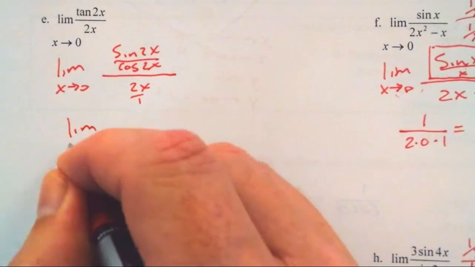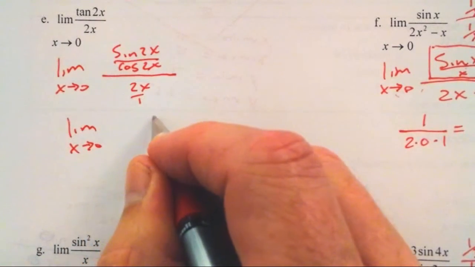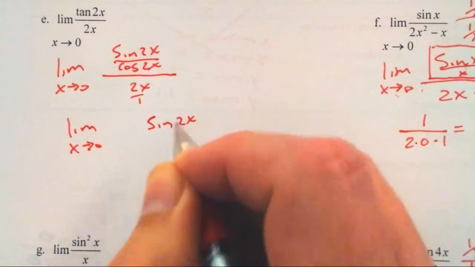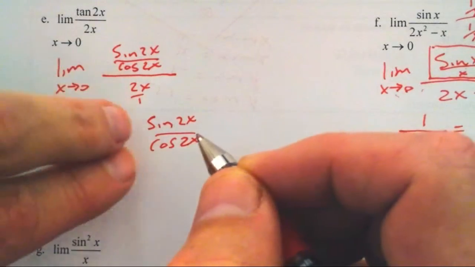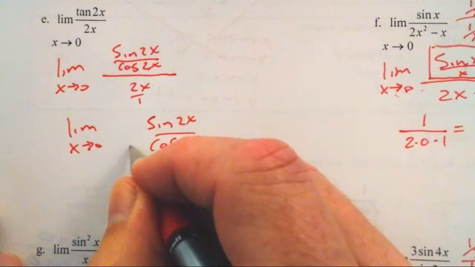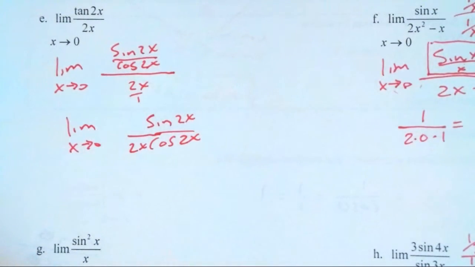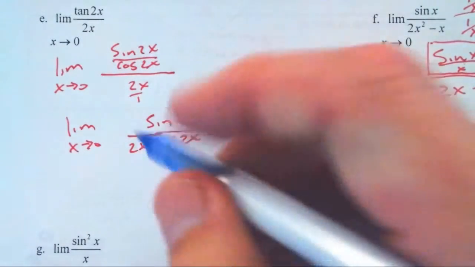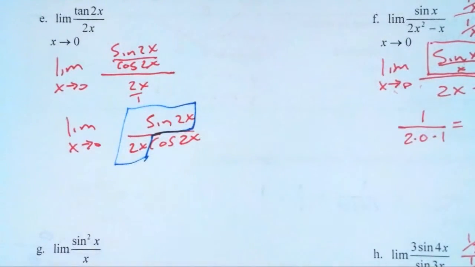So this is the limit as x approaches 0 of sine of 2x on cosine of 2x times 1 on 2x, like that. Anything good happen there? Oh, that's great. I mean, couldn't be any better. I've got this guy right here, and the limit of that is 1.